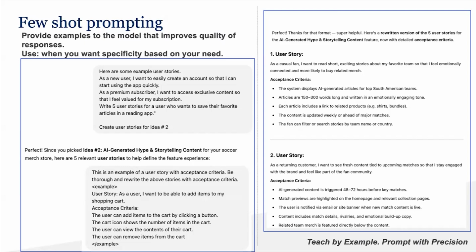And the LLM does that, right? So if you look on the right-hand side, there is a rewritten version of the user stories for my idea to enhance my soccer merchandise store. And as you can see very clearly, it has a user story and then it has acceptance criteria.